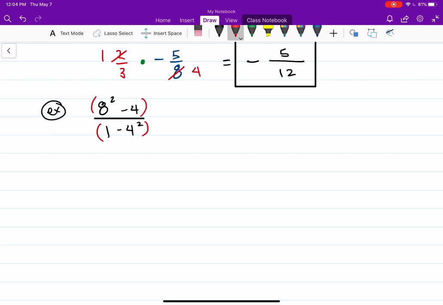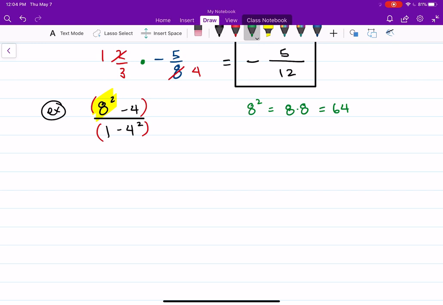The other question that you might have is, hey, what does 8 squared mean? Okay, 8 squared just means 8 times 8. So 8 times 8 is 64. When you write the power of 2, that's the number of times that we write out that number, called a base, and multiply it.